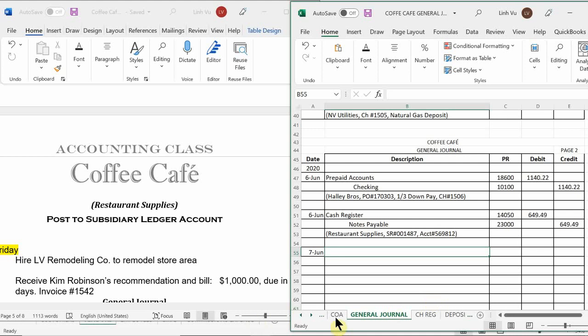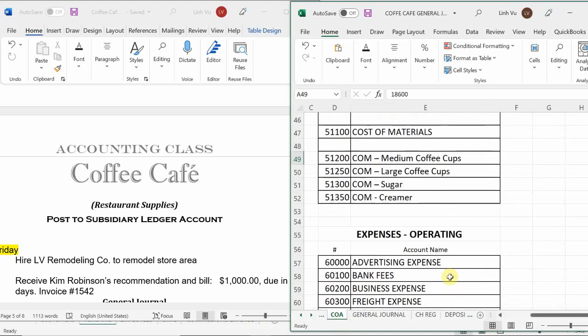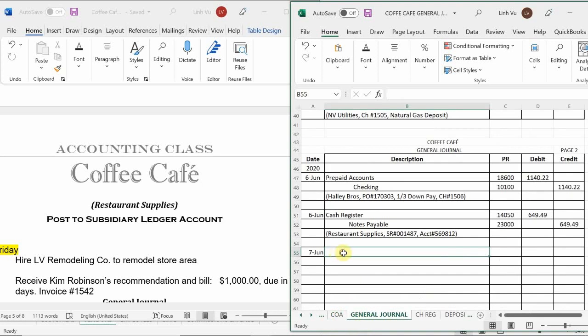So I think business expenses. Okay. So business expense, it's an expense that occurred and then you owe money. So in this case, business expense.